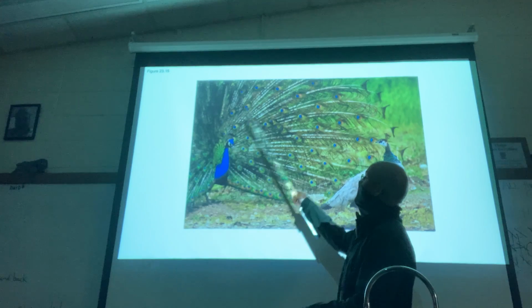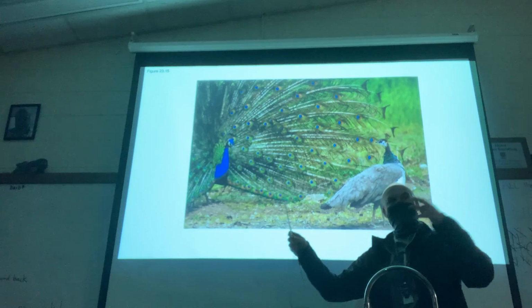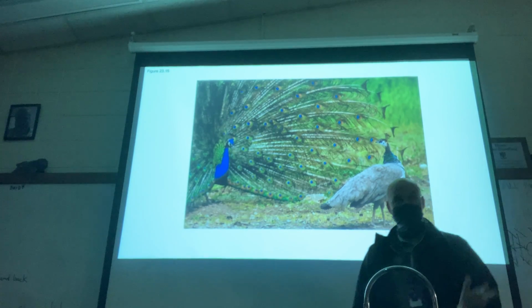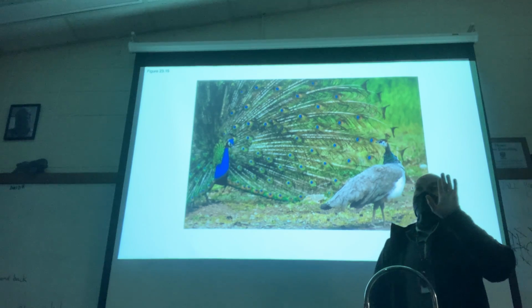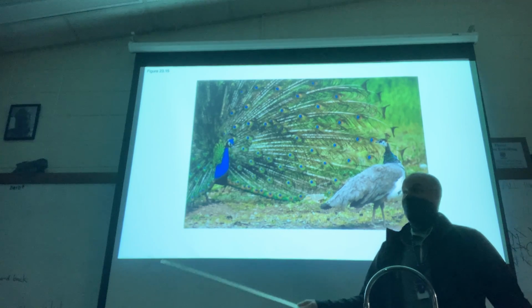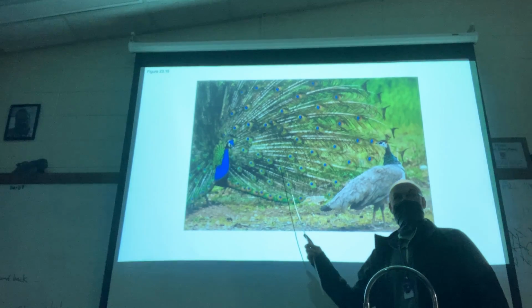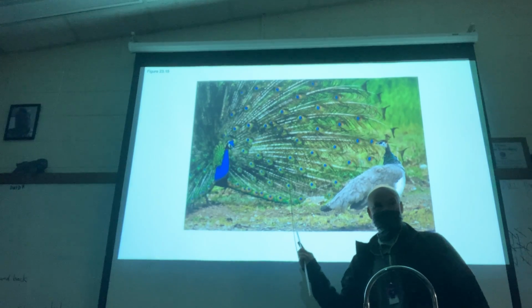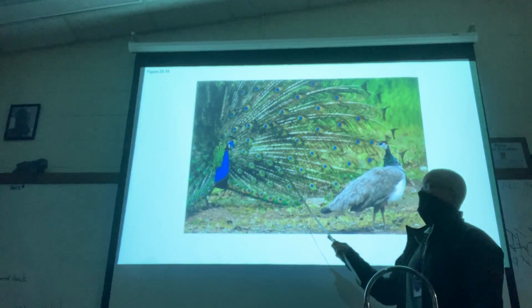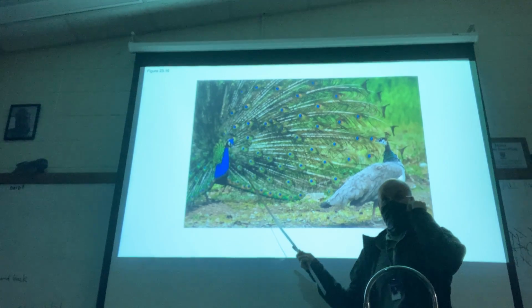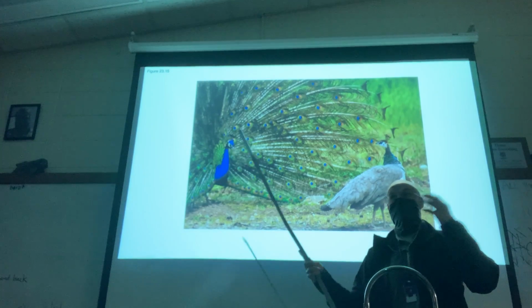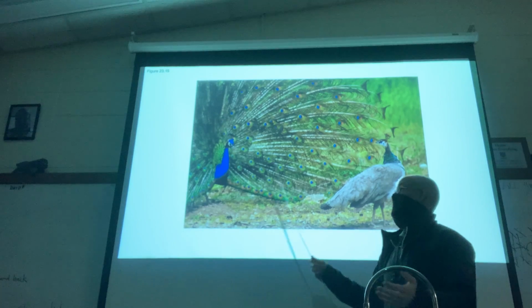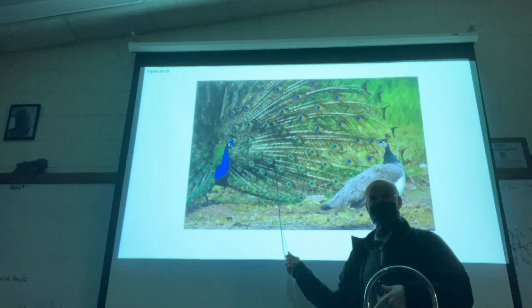It is very long, it's ornate, and I'm going to tell you right now, the environment is not very happy with this tail. This tail for this bird in day-to-day surviving in the environment is a drag.